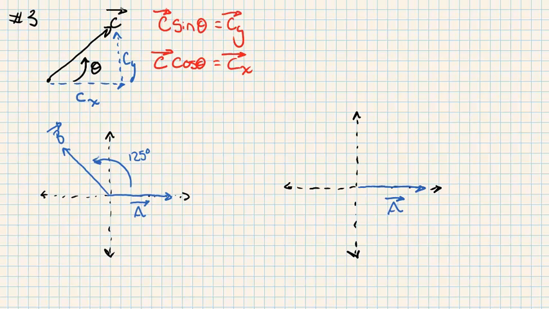And let's say that we break vector B up into its vertical portion over here, By, and its horizontal component, Bx. It also has a horizontal component.